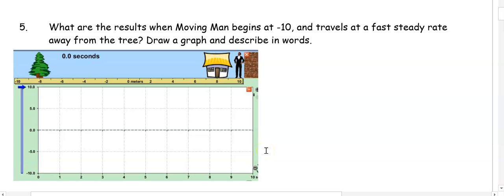If he starts at -10 and he moves quickly away, our line is going to be a lot steeper. So it's going to be a straight line, but it's going to be steeper.